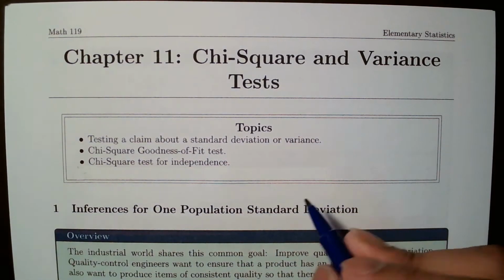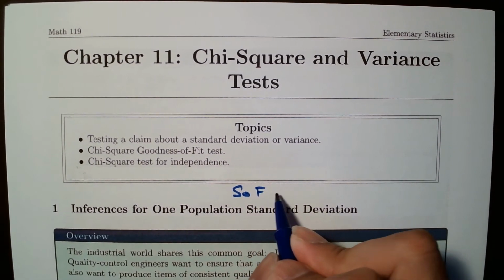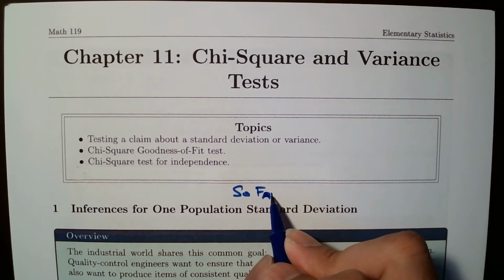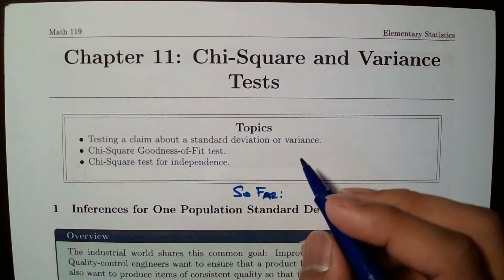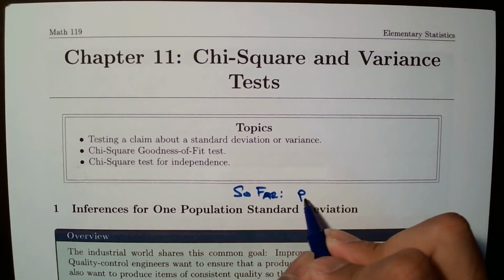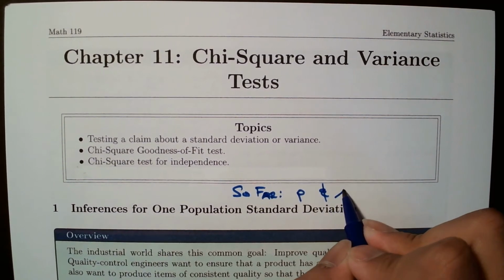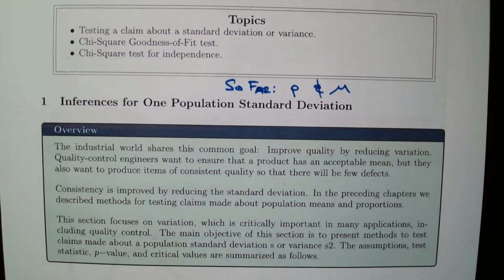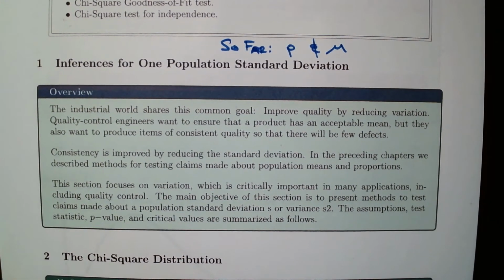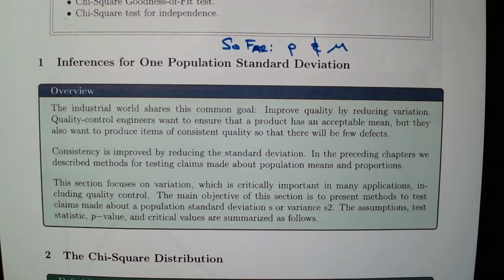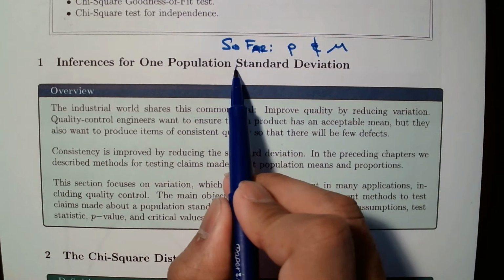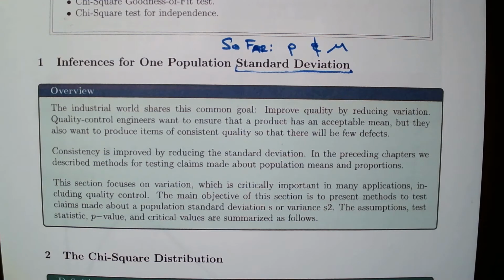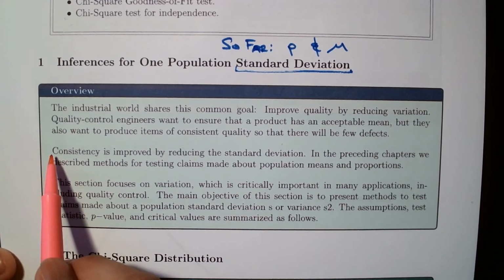Alright, so far what we have done. We have done hypothesis testing for the proportion and for the mean of a population. However, one of the most important tests right here is that of the standard deviation, which is more applied in the industry, in which we want to improve the consistency of a product.